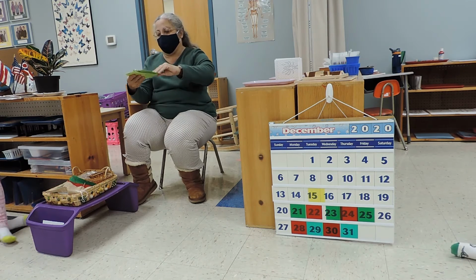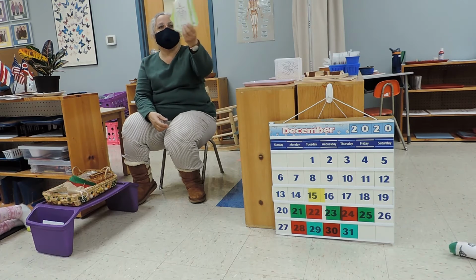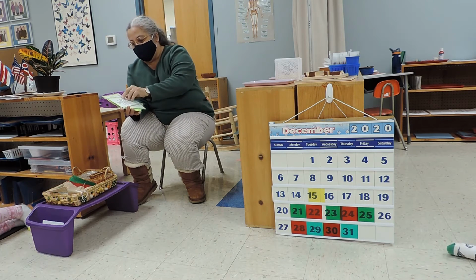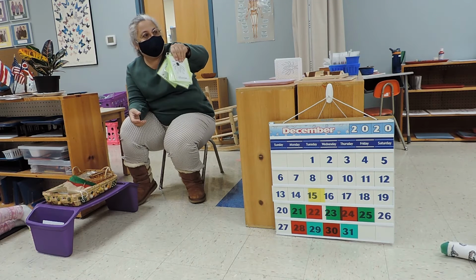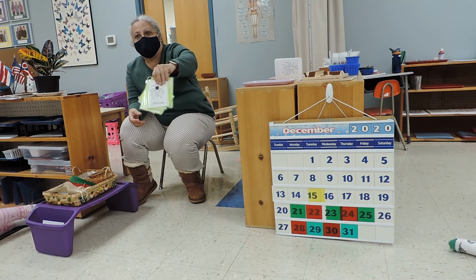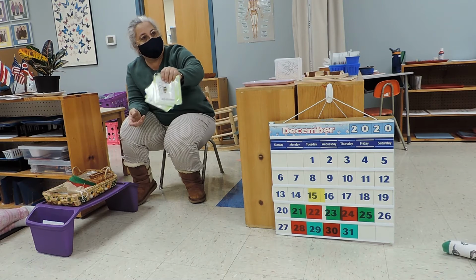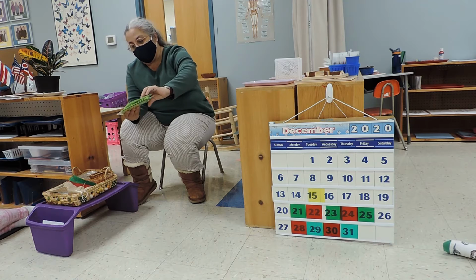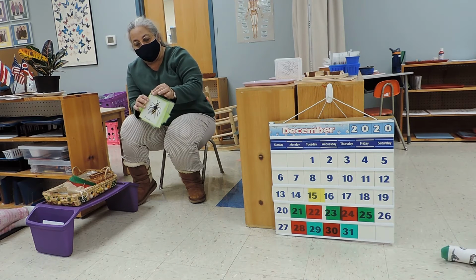Head. What's yellow in here? Eyes. That's the funky name, thorax. And this part is? Abdomen. And this is our bee.